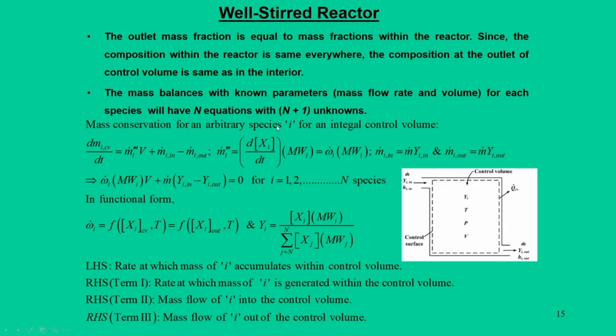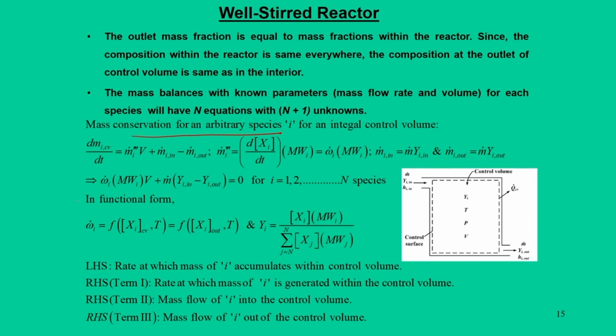We can see here that the outlet mass fraction is equal to the mass fractions within the reactor. Since the composition of the reactor is the same everywhere, the composition at the outlet of the control volume is the same as that of the interior. So, through these equations one can write mass conservation of an arbitrary species.